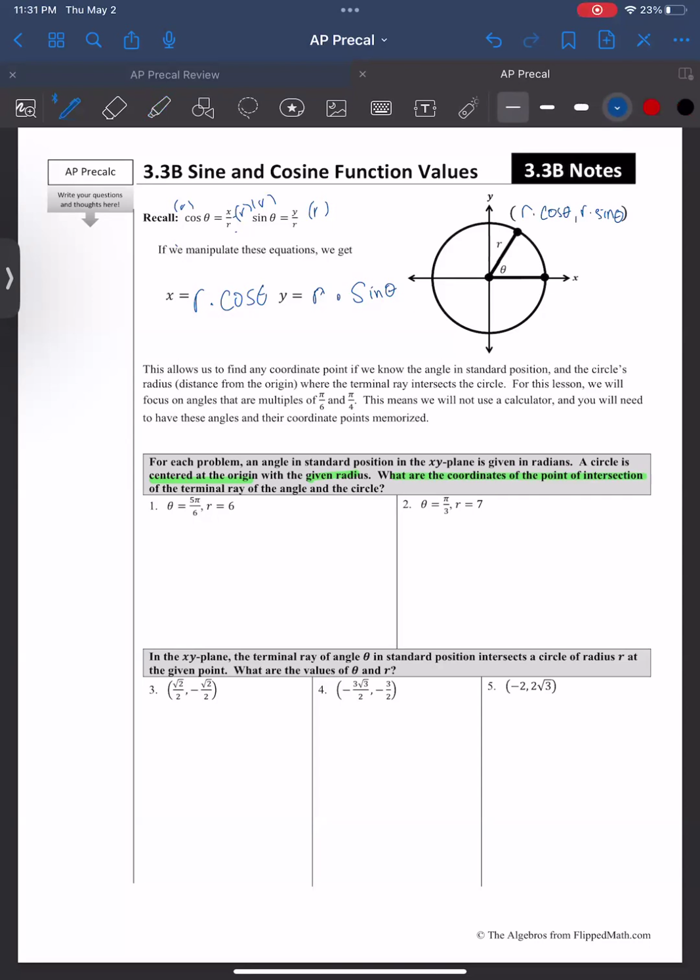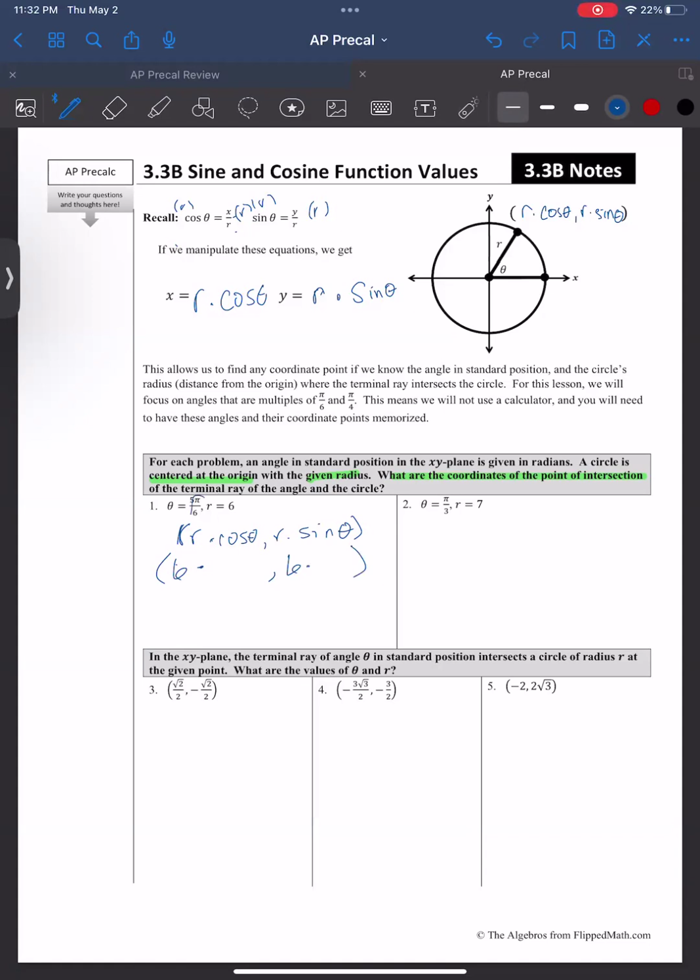Now, to figure that out, the points of intersection are going to be r times cosine of theta, comma, r times the sine of theta. So those are going to be your coordinates for your point of intersection. So r is 6. So 6 times something and 6 times something else.